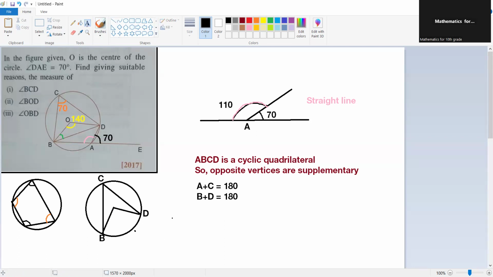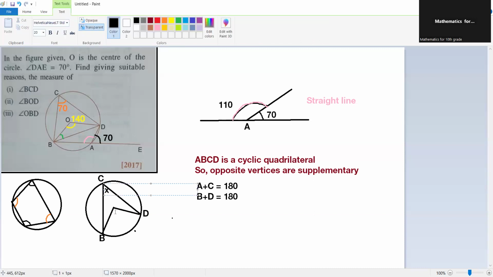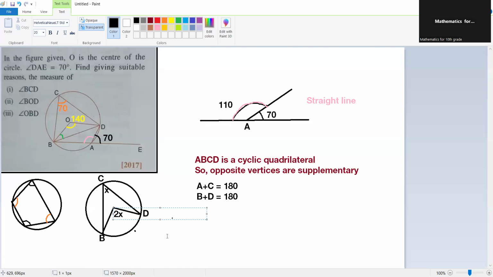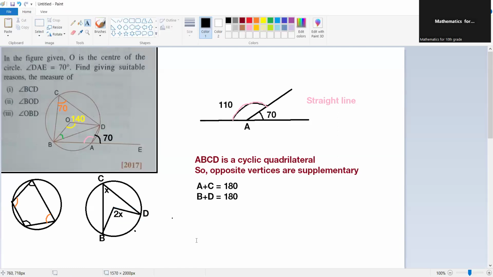So if this is x, this would be 2x. This is another theorem we use in the chapter circles. So if this is 70, this has to be 140.